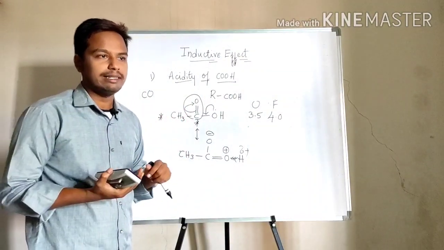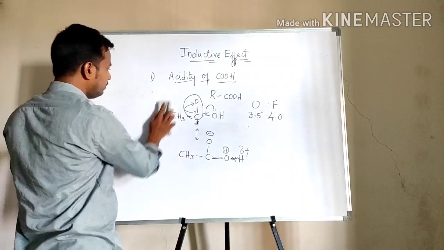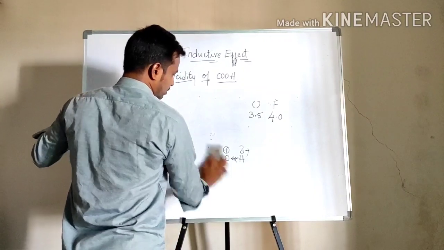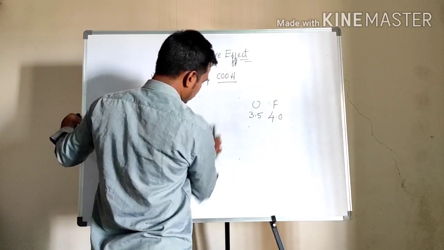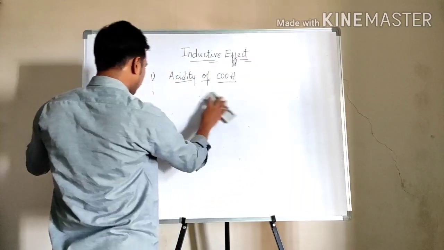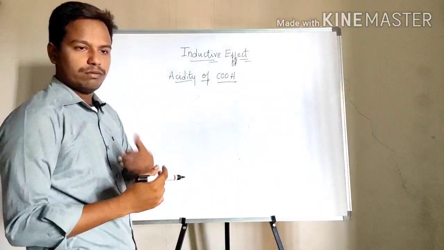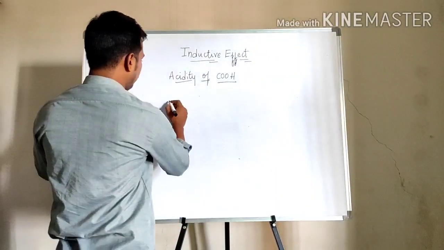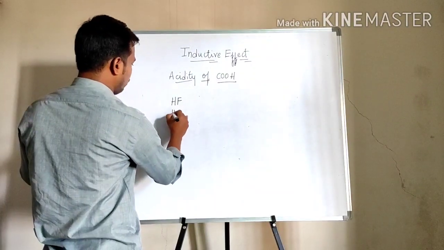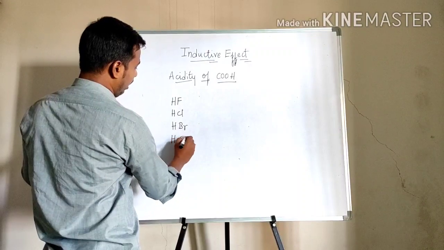How does acidity change with respect to different groups? For example, take hydrogen fluoride, hydrogen chloride, hydrogen bromide and hydrogen iodide.